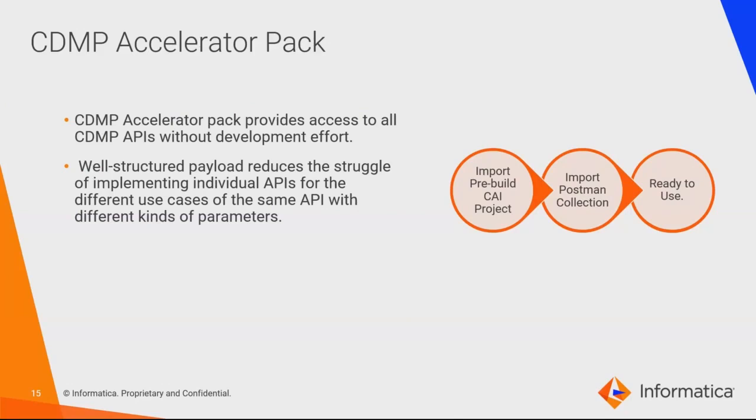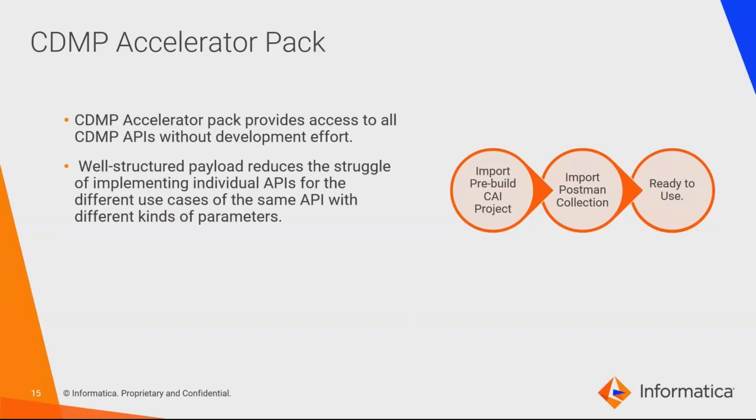What you would do is just import the pre-built CAI project for different categories, import the Postman collection of the same category, and you will have a ready-to-use endpoint for CDMP where you can fetch various data with different parameters without any development effort.